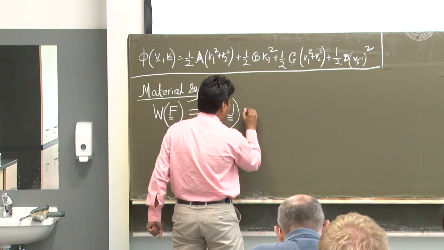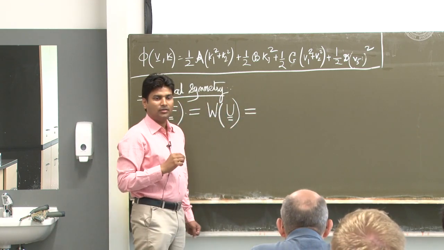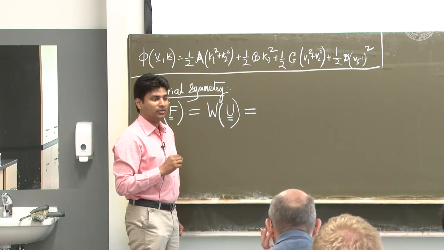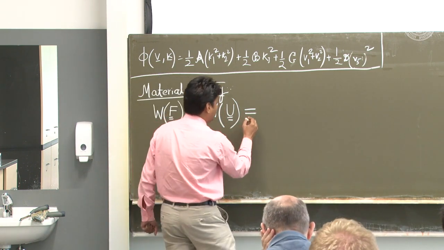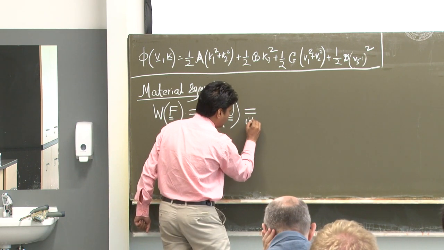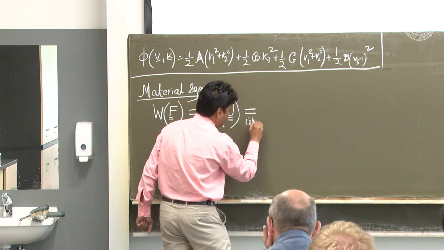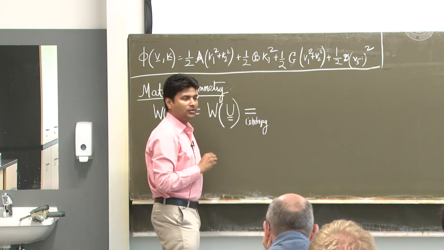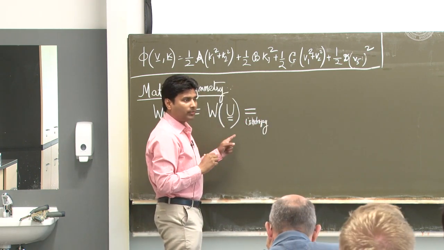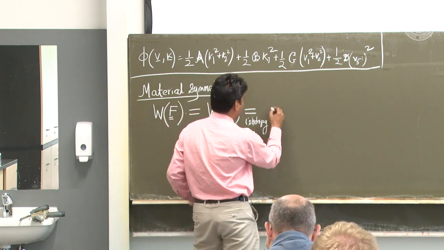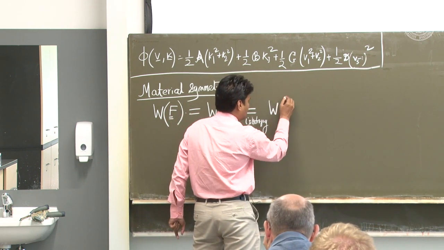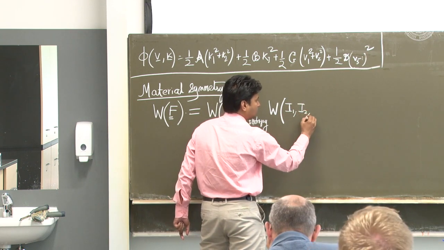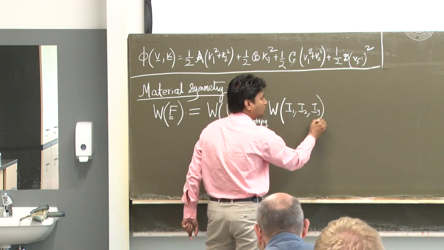And if you use further symmetry, the 3D material symmetry, for example, isotropy is an example of material symmetry. So if you use isotropy, then it turns out that the energy function depends on those three invariants, I1, I2, I3.